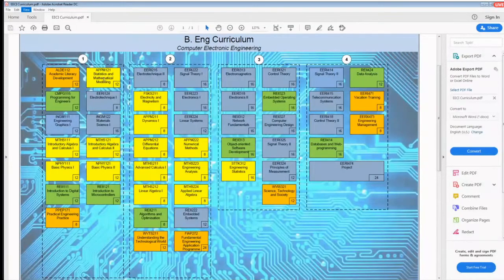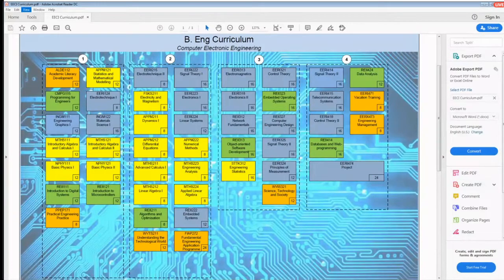practice, statistics and mathematical modeling, electrotechnique, where you start to learn how to solve electric circuits, material science, introductory algebra and calculus, basic physics 2, introduction to microcontrollers.